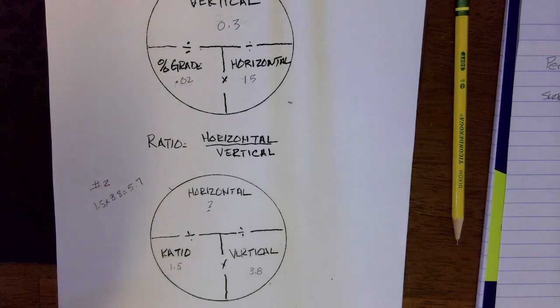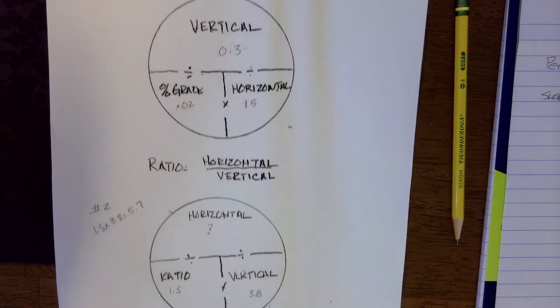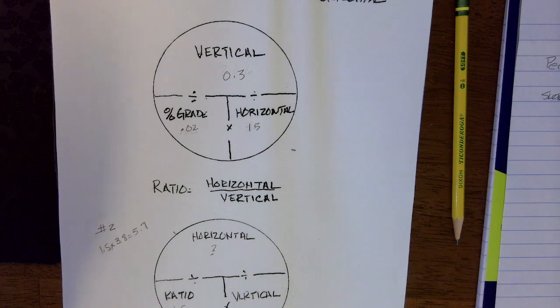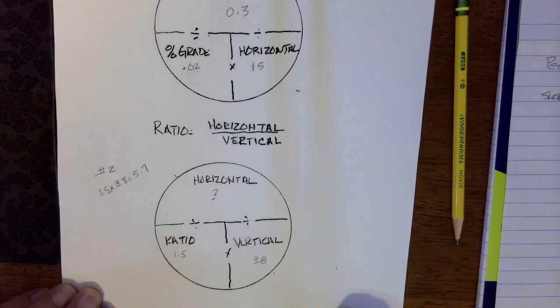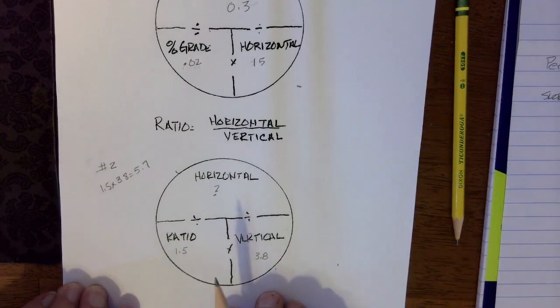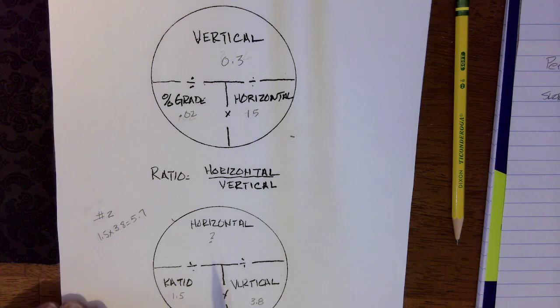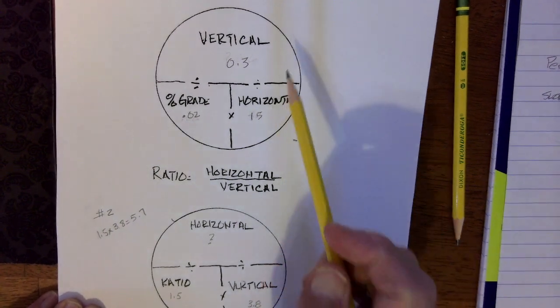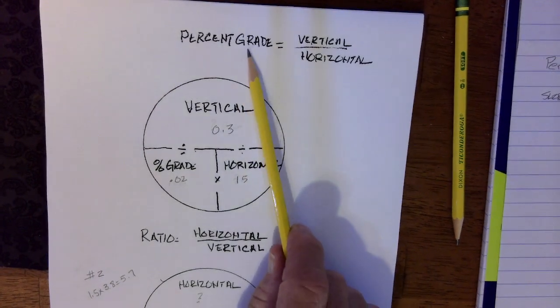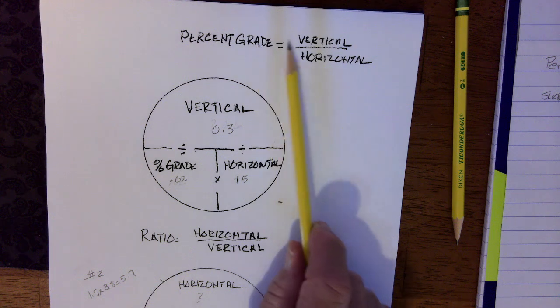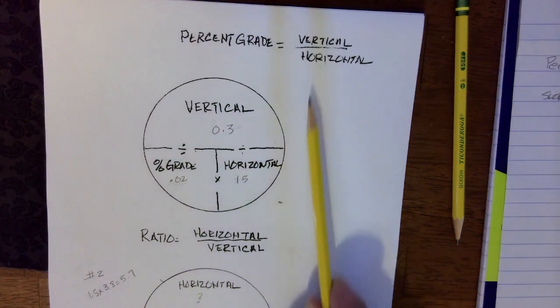Here is a tool that, if I was you, I would sketch right now. Notice how I have it. I have up here, I'm going to have to move it because I can't move my overhead camera that well, at the top percent grade in the form of vertical divided by horizontal.